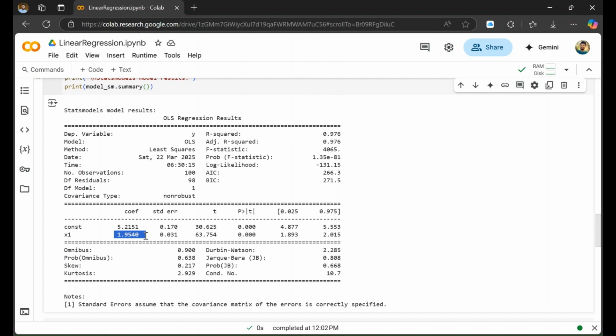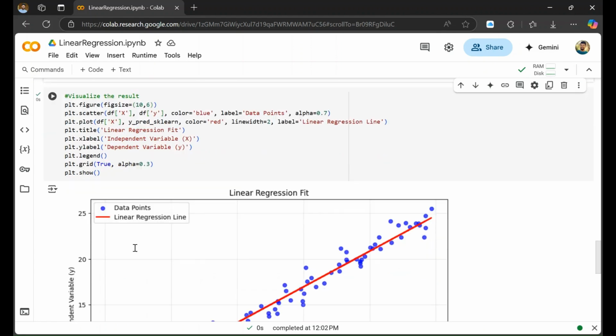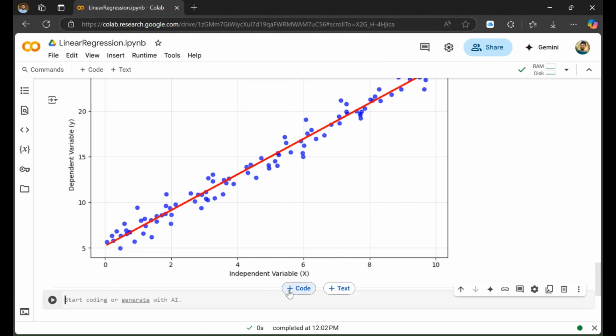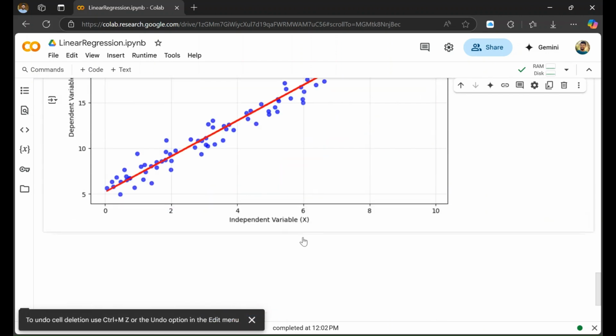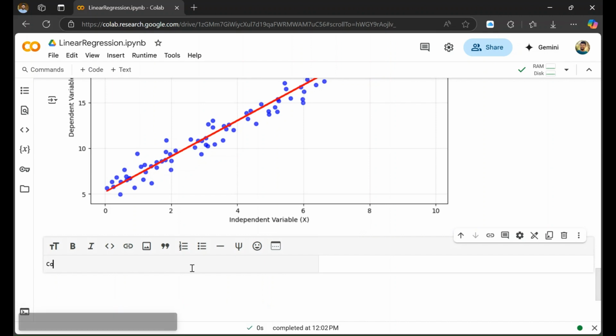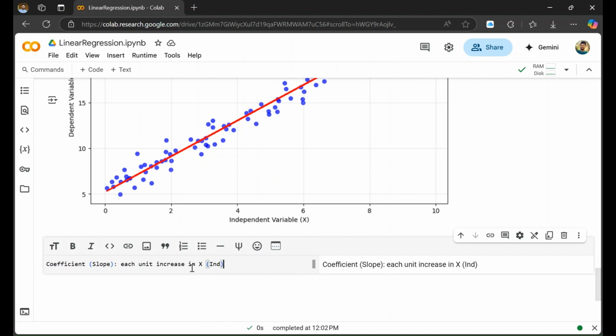Now we have the coefficient, which is the slope. This tells us that for each unit increase in x, the independent variable, y increases by approximately 2 units.